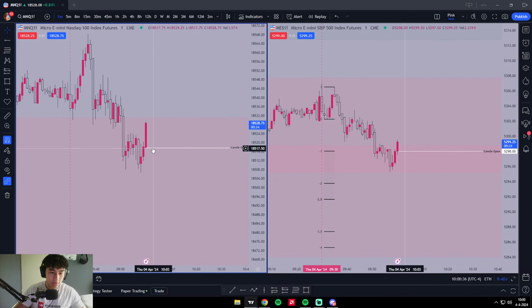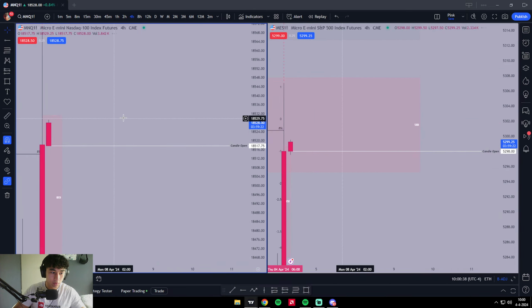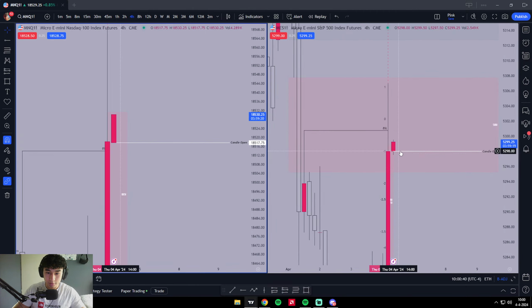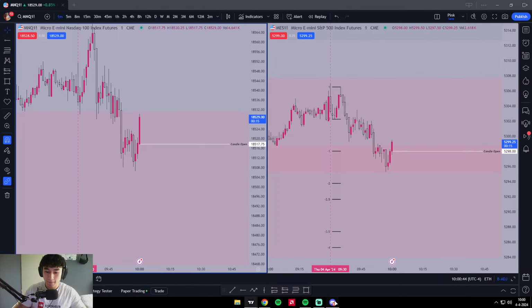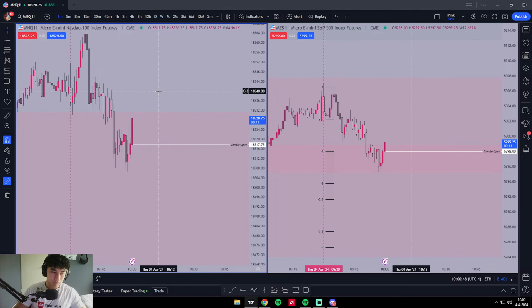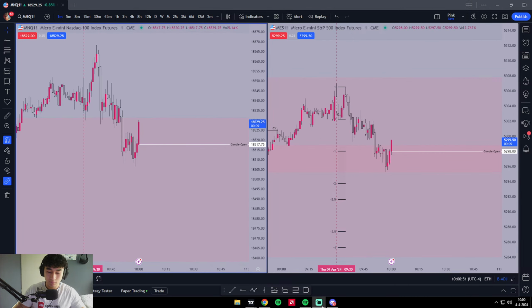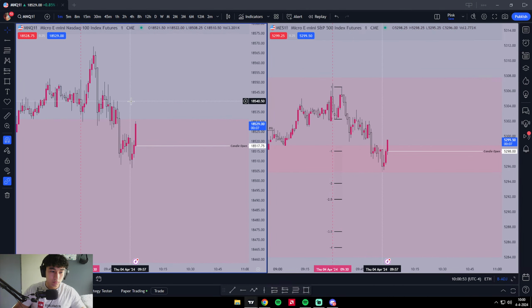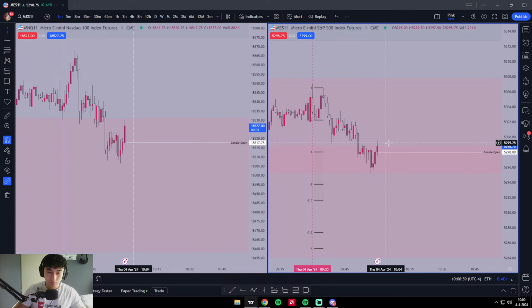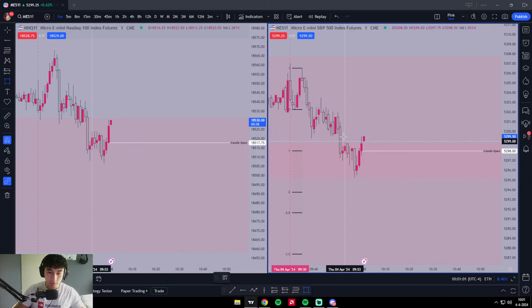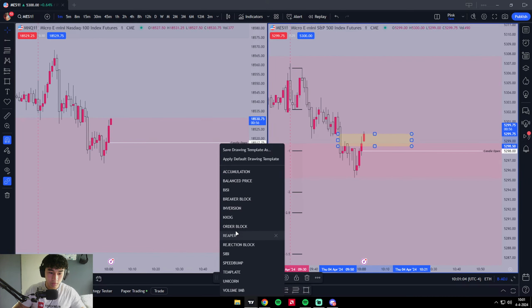We have no manipulation here on this 4-hour candle. No wick there. Oh, we do have a wick on the SIBI though. But still. We shouldn't inverse this yet, in my opinion.